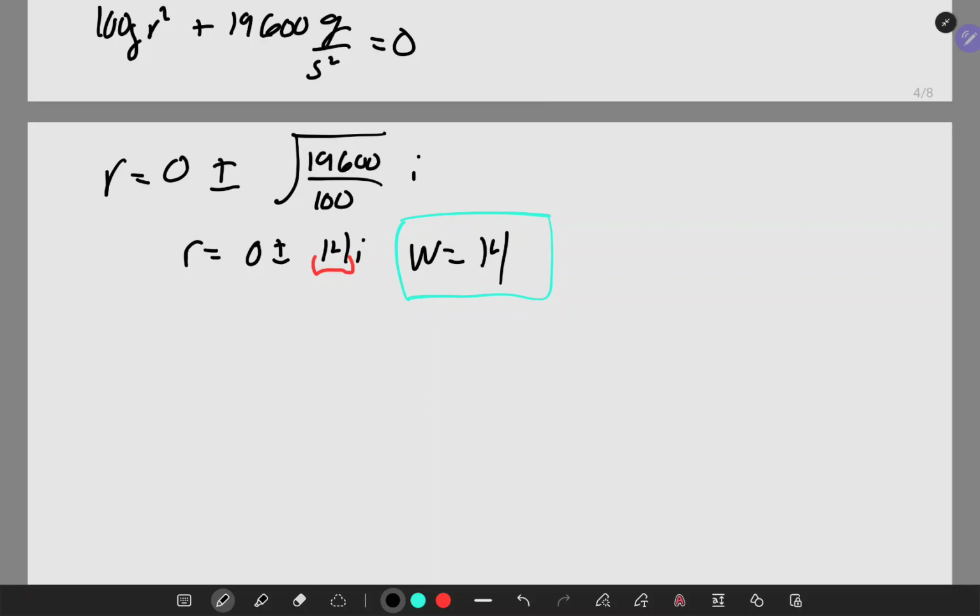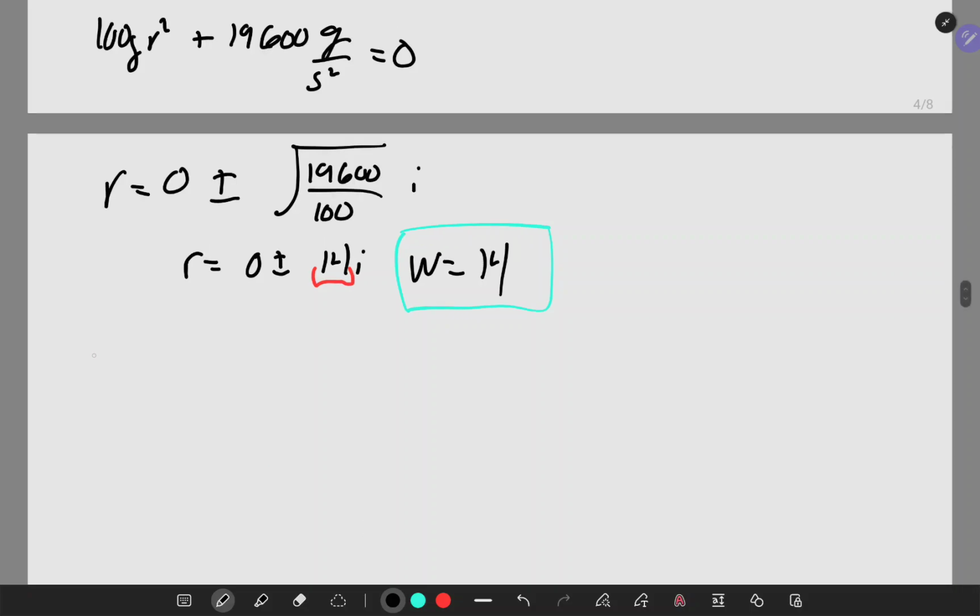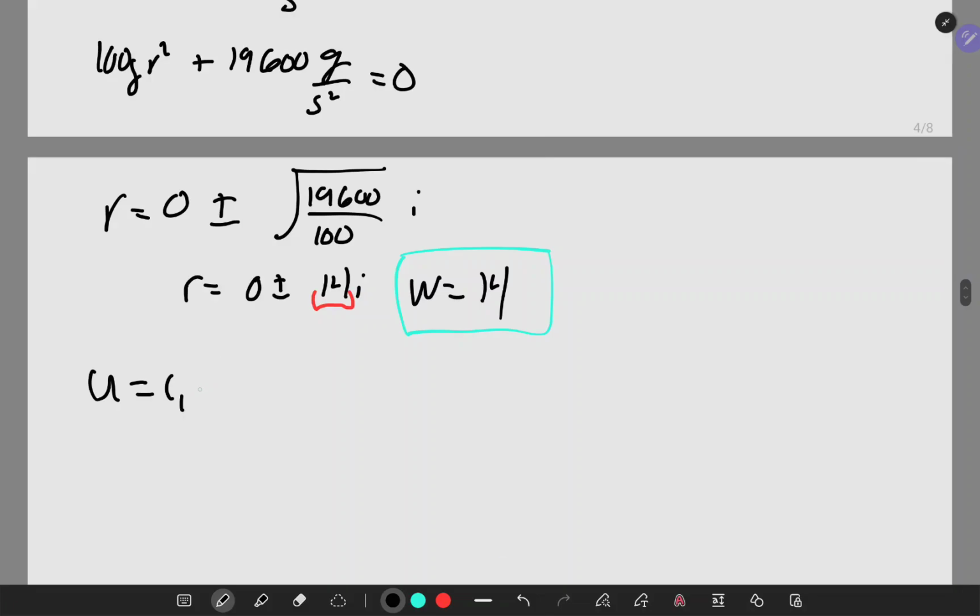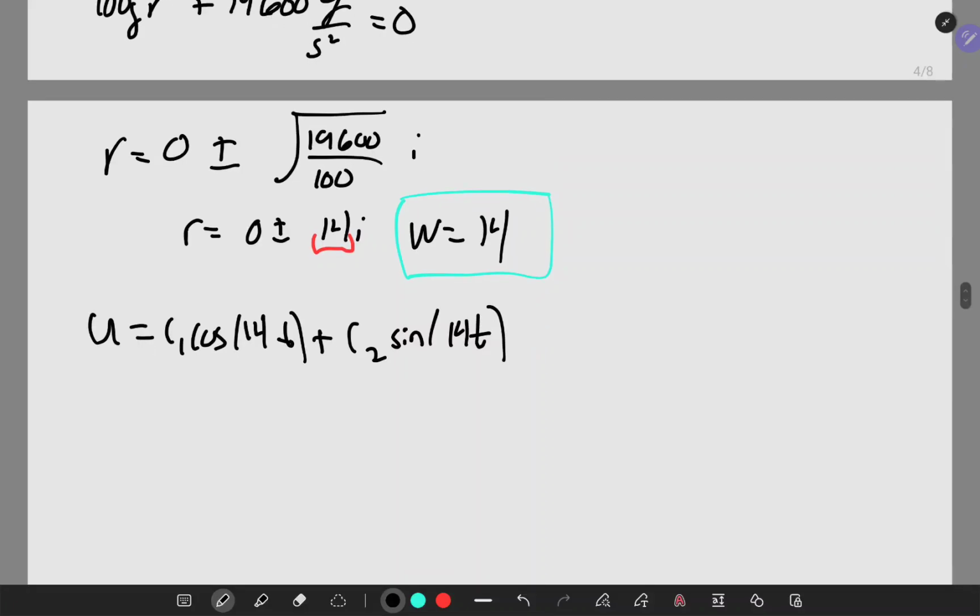Where was I? After this point, we go right to here. Remember, this is our general solution: C1 e to the 0t cosine 14t plus C2 sine 14t. Now let's take u prime.